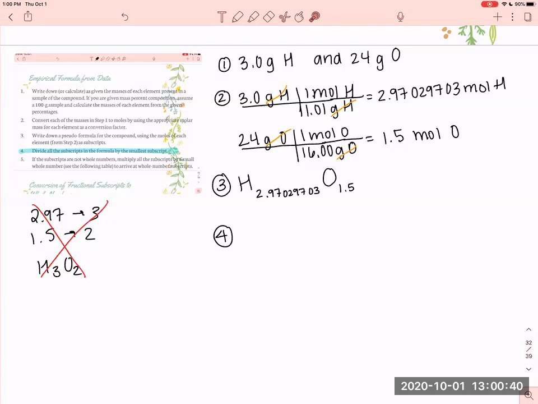Now, could we round this 2.97 to 3? Sure, but we can't round the 1.5 to 2. So 2.97 to 3, that's fine. Let me go back and maybe not be so extreme. That's definitely not fine. This is okay, but because this one is not fine, I have to do something to one of these numbers. I have to do it to both.